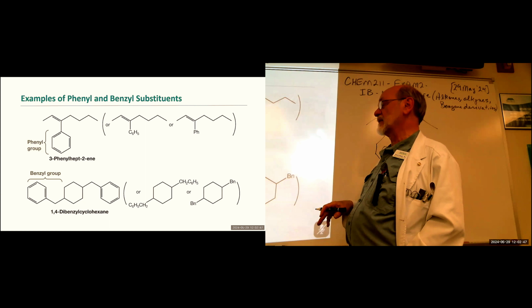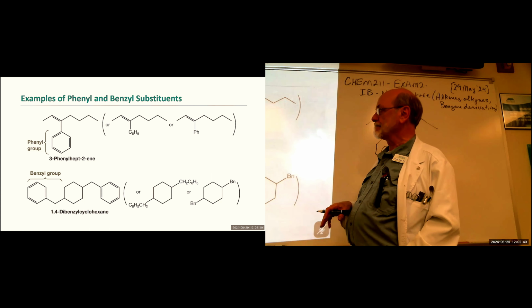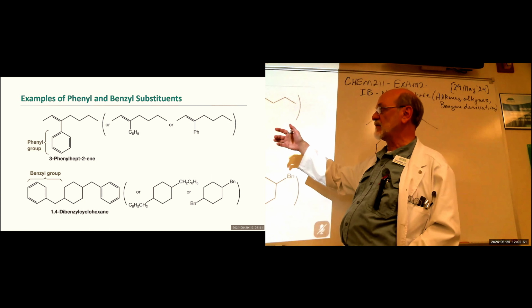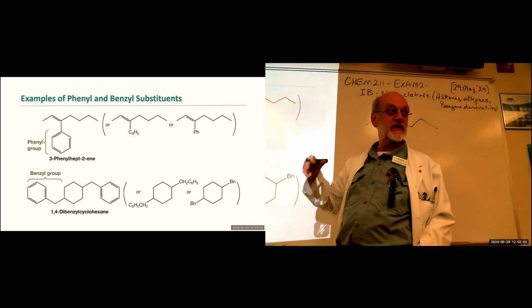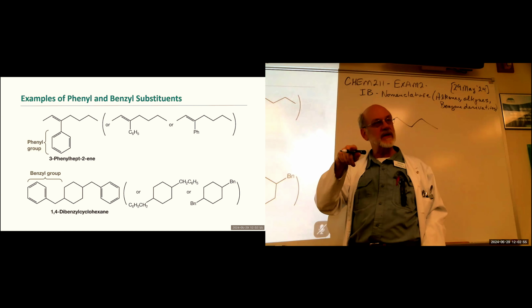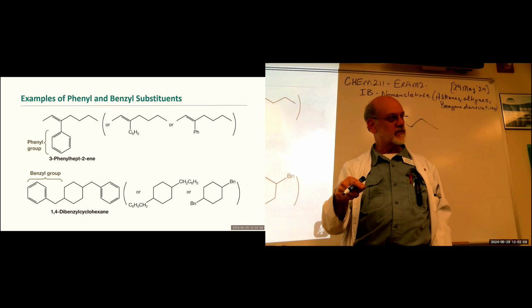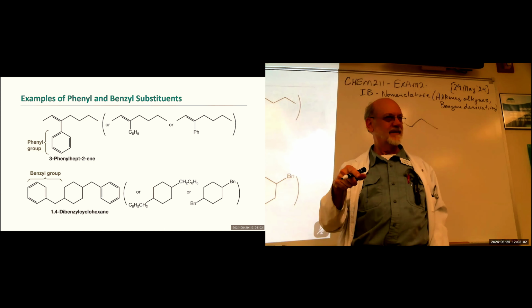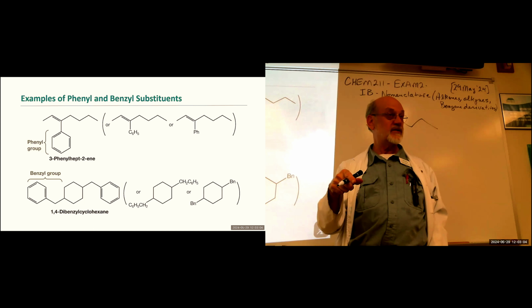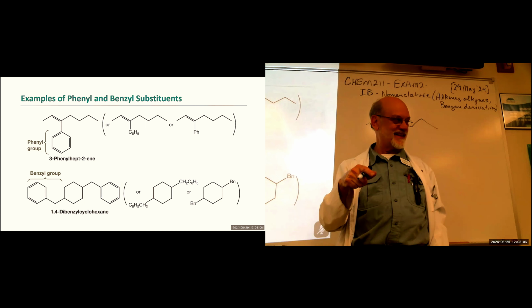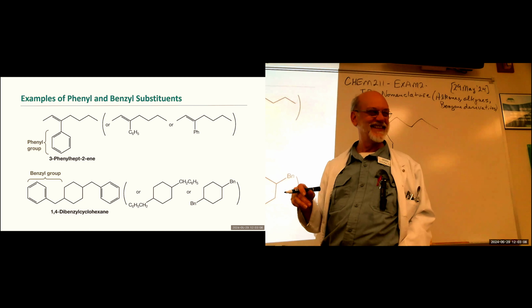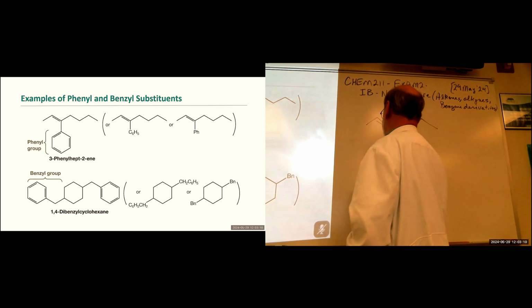That's the only thing that makes sense to me. And sometimes it's written C6H5 just to save room, or Ph means phenyl. Large P, small h. What's small p, large H? That's pH, expression of acidity, right? Okay, there's a difference there.